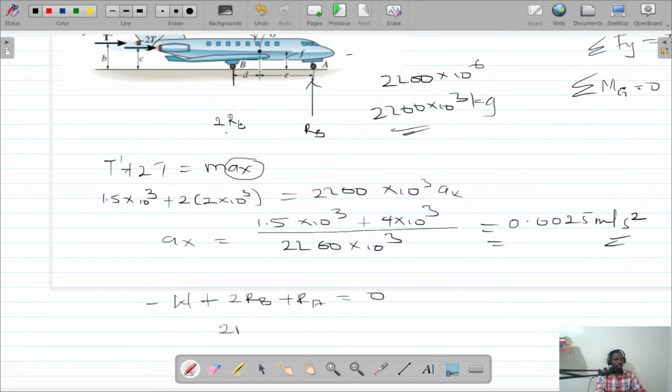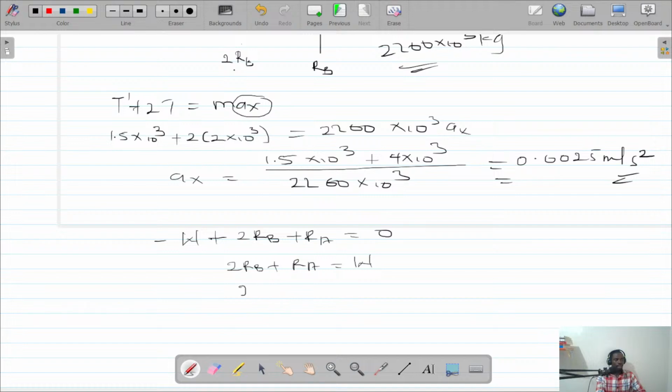So 2RB plus RE is equal to the weight, which is 2200 times 10 power 3 times 9.81.